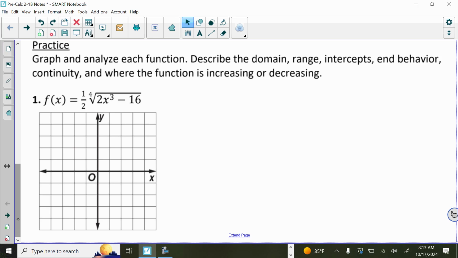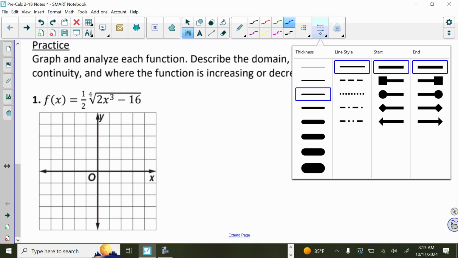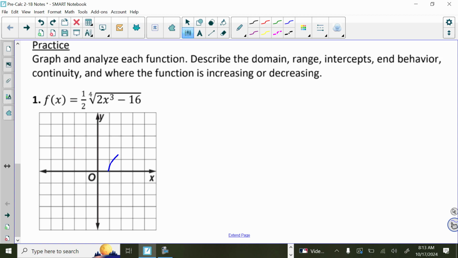I went ahead and graphed this for you to save time, and it looks something similar to this, shooting out that way. You could plot points with an x-y table, but if you don't have a graphing calculator it's a pain with this kind of function. A graphing calculator will help: punch that in and you get that graph.